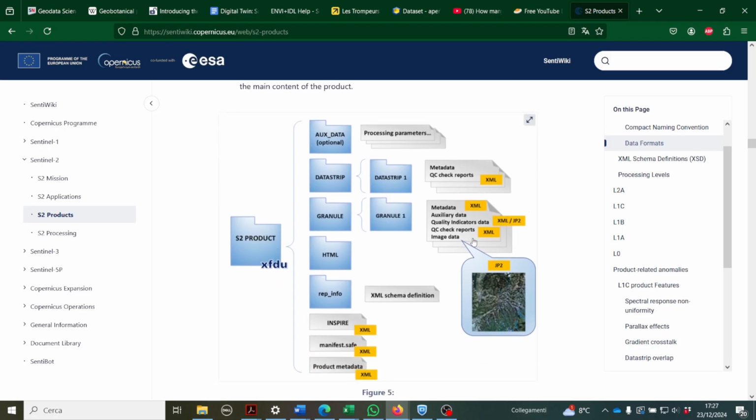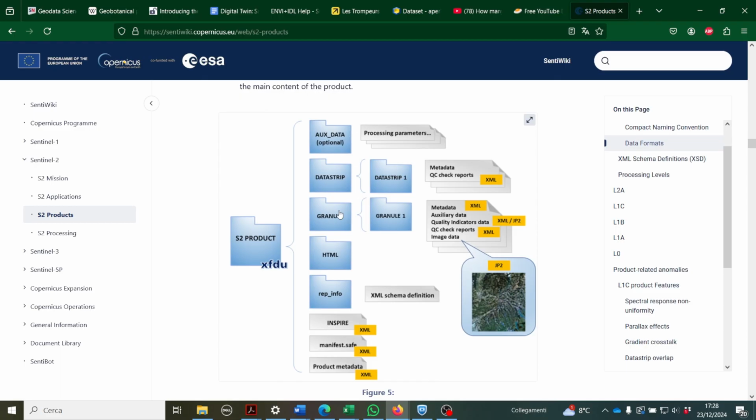You are going to an S2 product, a Sentinel-2 product, and all your data, what you are downloading from the official sites of the Sentinel data, is split into these different folders: the auxiliary data, the datastrip, the granule, and so on.